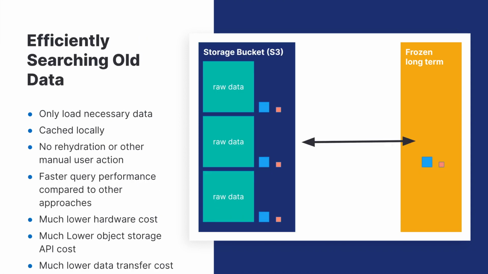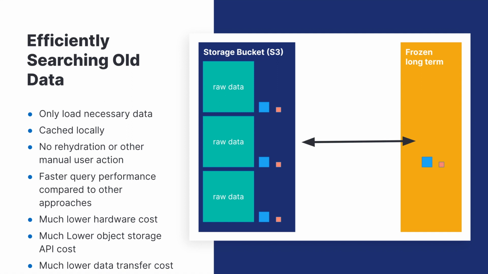Looking at this frozen node in a bit more detail, the reason why we can provide efficient search across so much data on a single node is because of these data structures that I mentioned before. Remember how I said if you want to read a book or read about a specific topic in that book, you don't actually have to look through the whole book if you'd use that index? Well, Elasticsearch does the same thing on the frozen nodes as well.